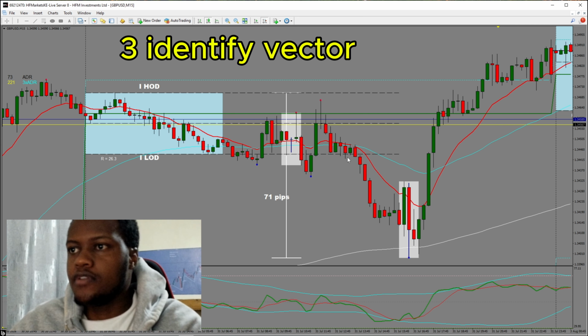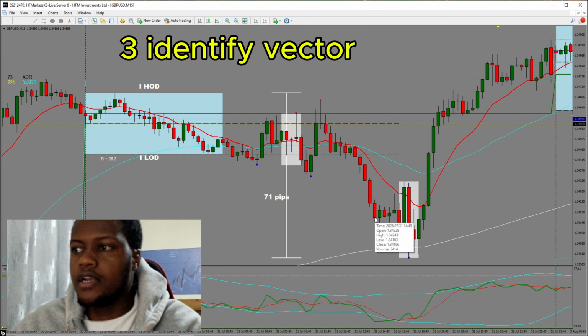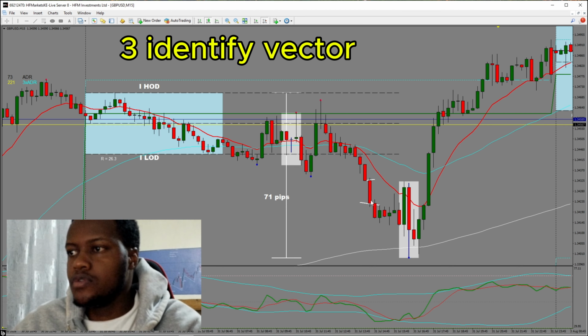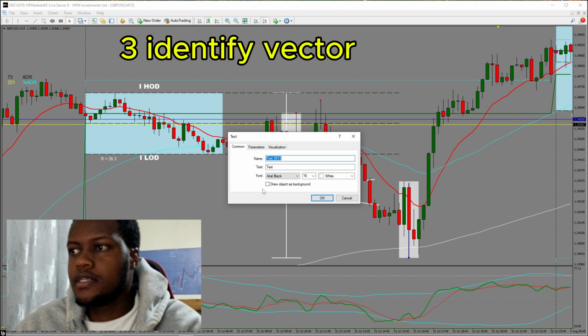After that, you have to see the vector. In this case, we are looking to the downside. It's the 3 candles before they give you a formation. So these are the 3 candles, 1, 2, 3 to the low. So we have a vector here, 1, 2, and 3. Okay, let me mark it.